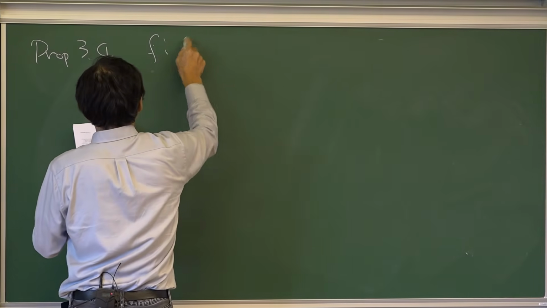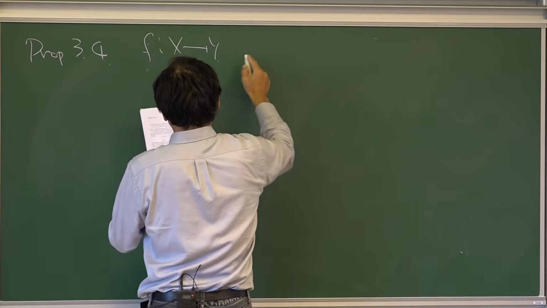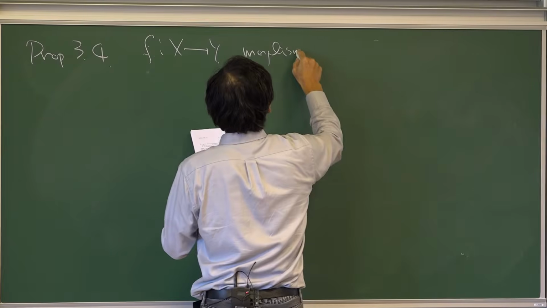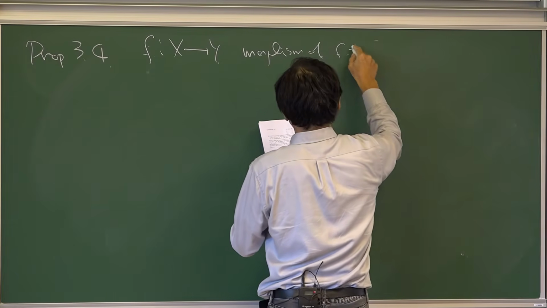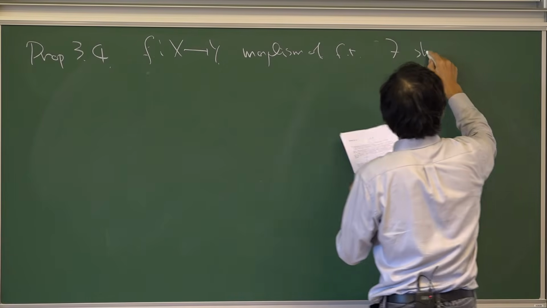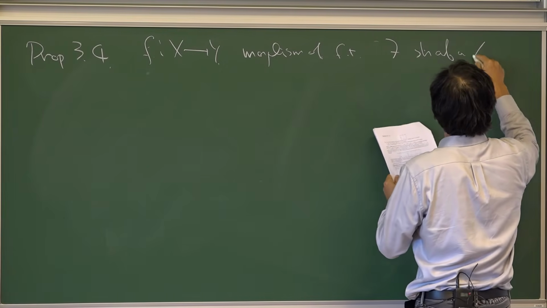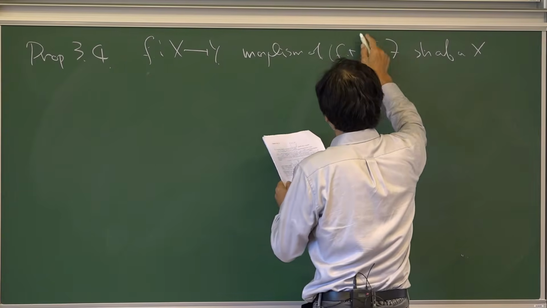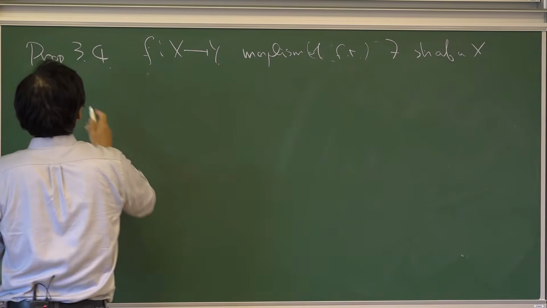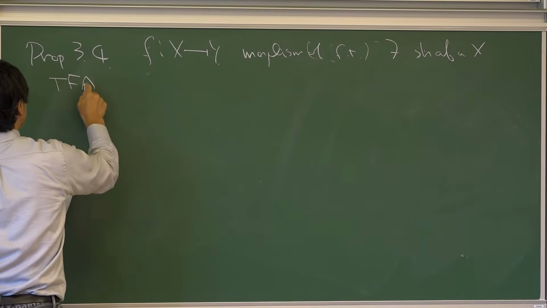F of finite type, and F a sheaf on X. Maybe I don't need finite type. Then the following are equivalent.